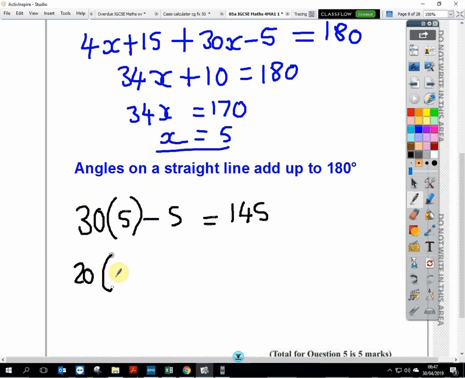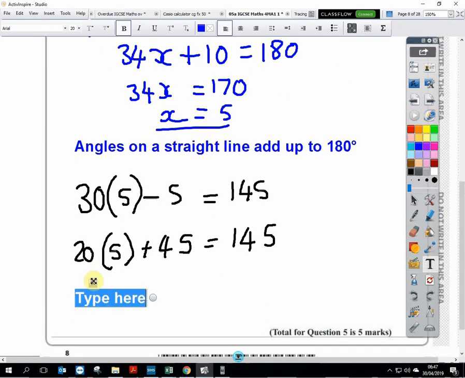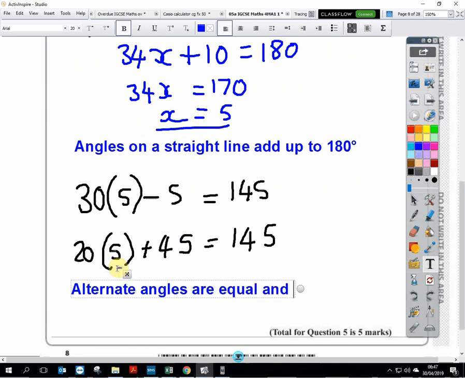So we have 100 plus 45, 145. Okay. So they are the same. What does that mean about the angles? Alternate angles are equal, and hence the lines must be parallel.